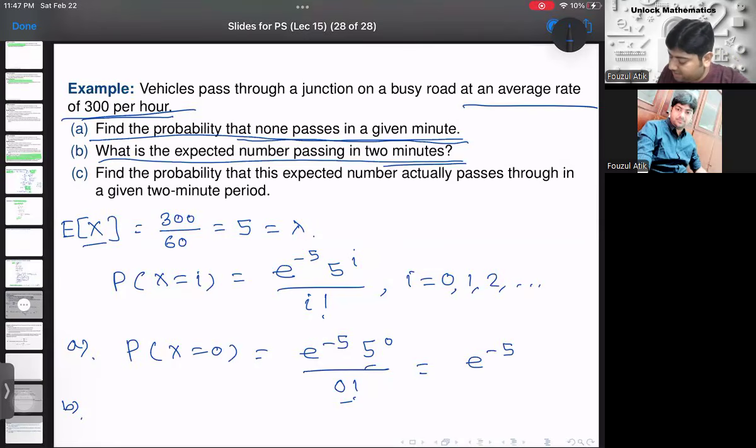So take a new variable, Y equal to 2 times X. So this will calculate the number of vehicles that pass in 2 minutes. Then what is the expected number of Y? So then E of Y is what? We all know E of 2 into X is 2 into E of X because it is linear.